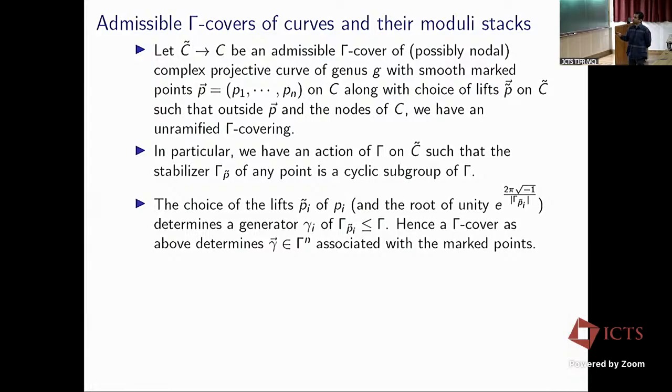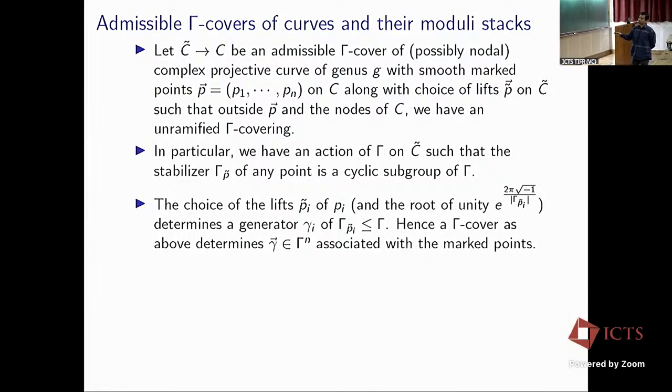Moreover, this cyclic group comes with a preferred generator, because we have this preferred root of unity. Because of this, in our curve we have marked points below, but we also have chosen lifts above, and here is the stabilizer of this point in the top curve, and we get a generator of this stabilizer.